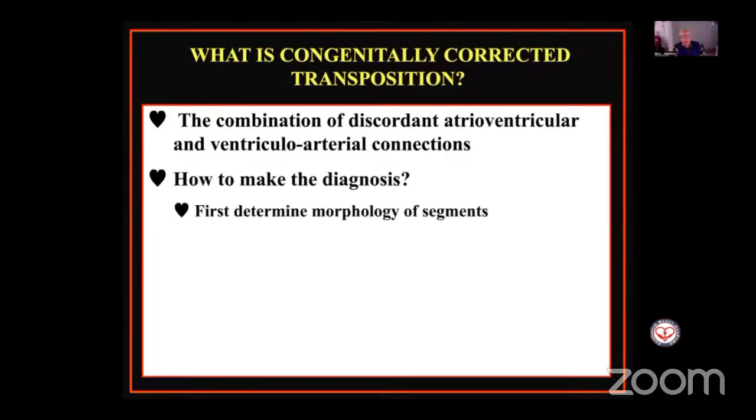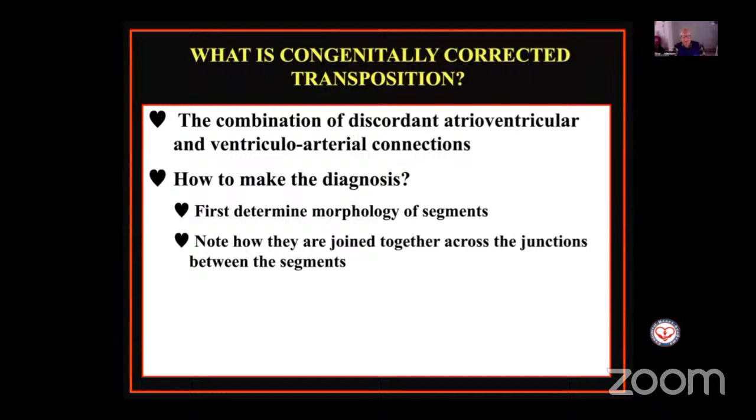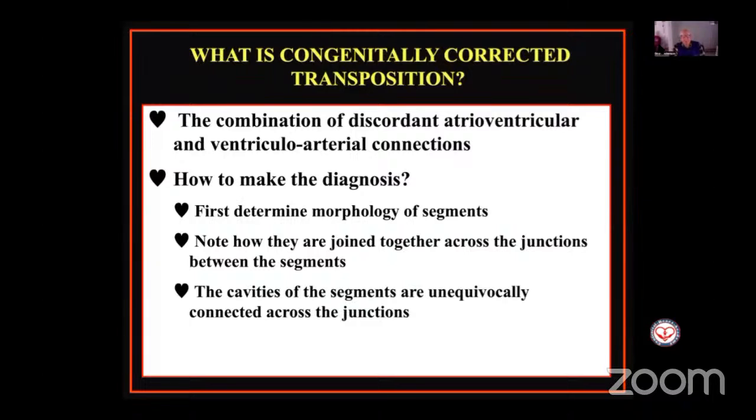How do you now make the diagnosis? Without question, you must first determine the morphology of the segments themselves. Now you need to determine how they are joined, or in some instances, how they are not joined across the junctions between them.